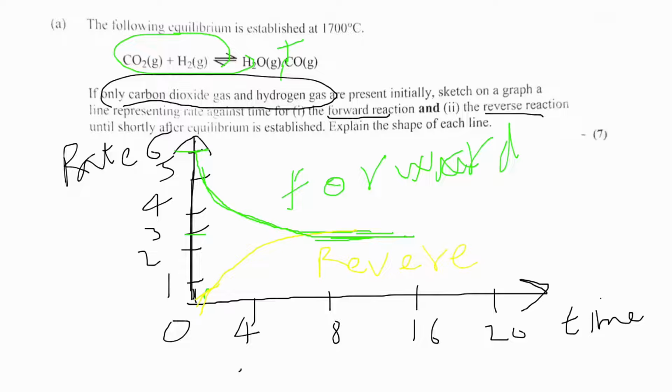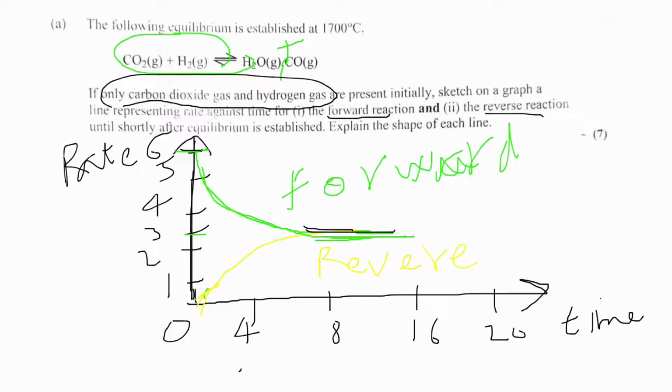Initially the reactant will be more, so the rate will also be more because the reaction has just started. The combining of both reactants will start, so that's why the rate is at the highest point, 6. After some time it will reduce because the reactants are combining to form the product. Now it has reached this position, which is parallel to the x-axis.